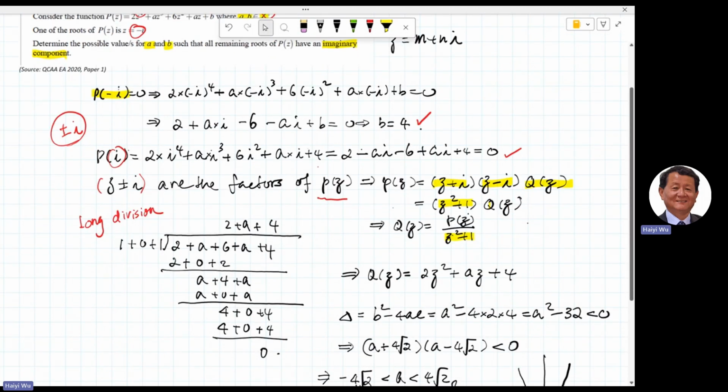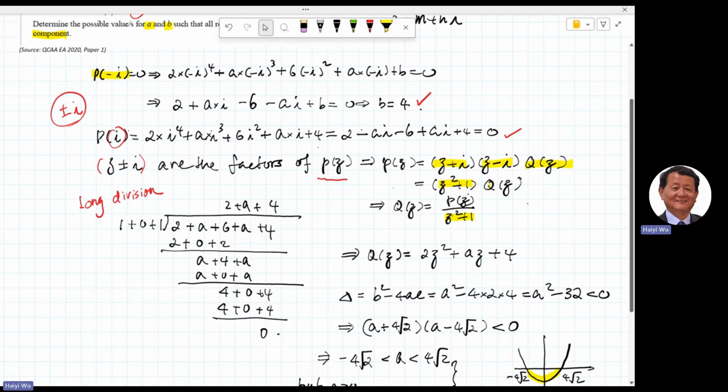So how do I find q(z)? I'm using long division, this time using all the coefficients. The divisor is z squared plus 0z plus 1. On the right side is p(z), that's 2z to the power 4, then a z cubed term, then a z squared term, lining up all the coefficients, and the last one is plus 4.